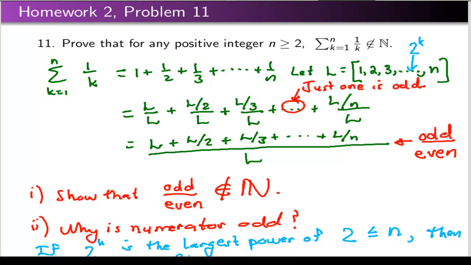So then 2 to the k is the power of 2 dividing L. And that should tell you why this top comes out to be an odd number. And we are done.